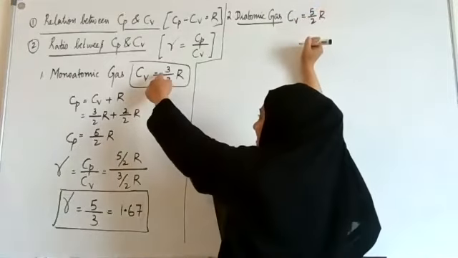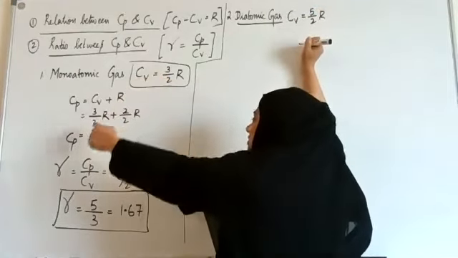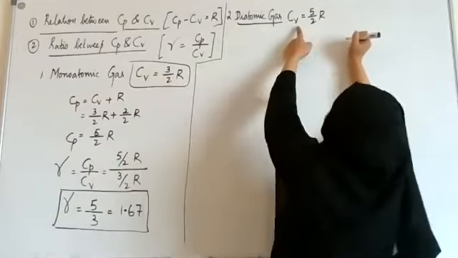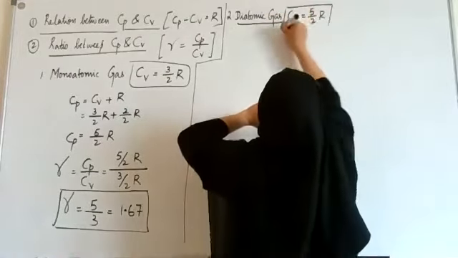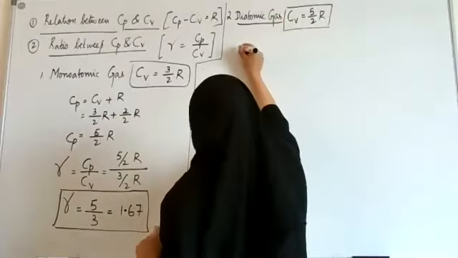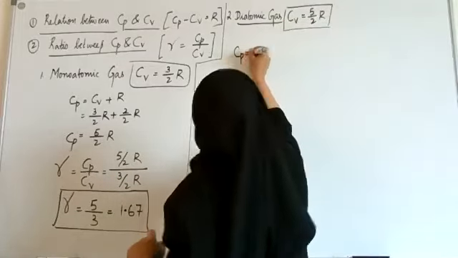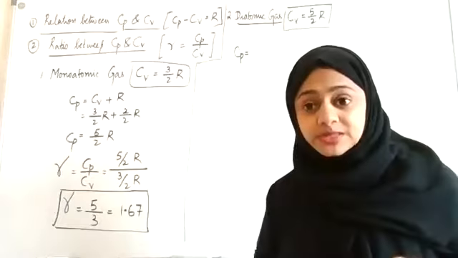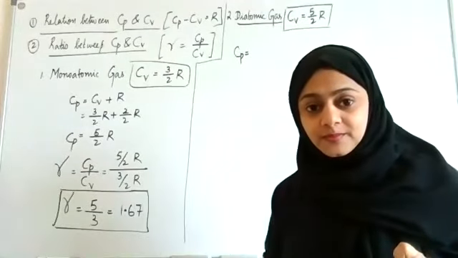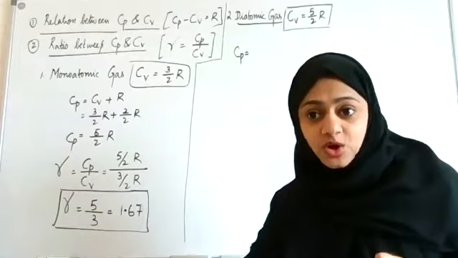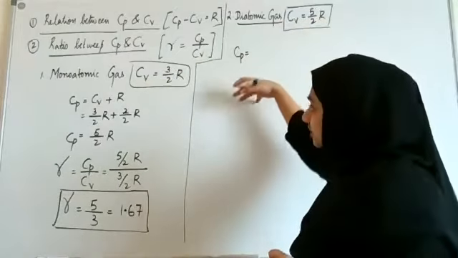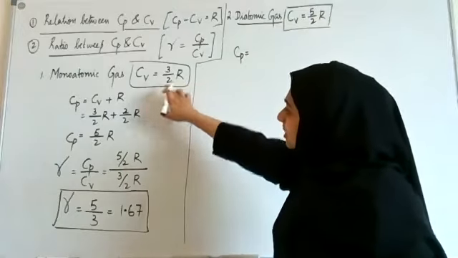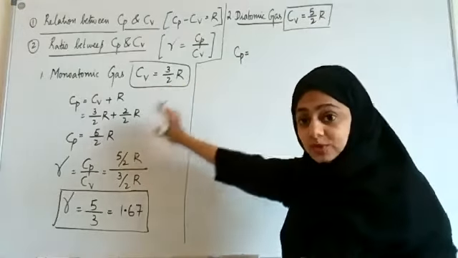See, it's starting from 3 by 2, CP will be 5 by 2. Here CV will be 5 by 2R. Now without calculation, can you guess what will be CP? It goes in an order. Let's see.